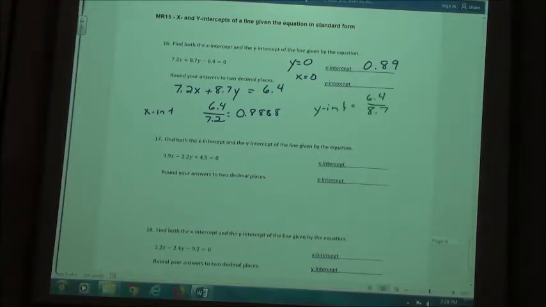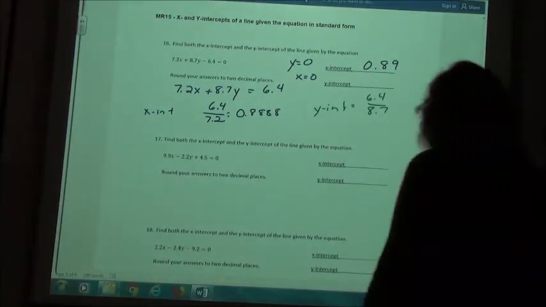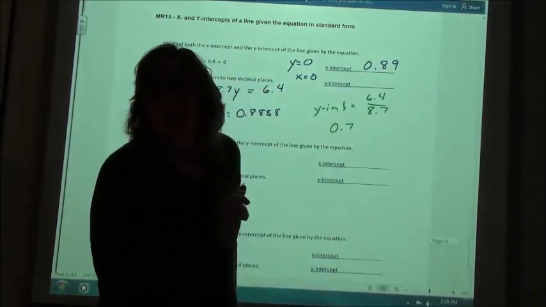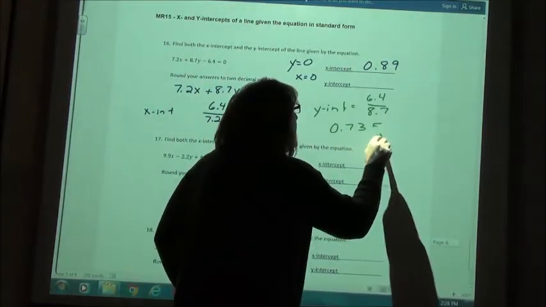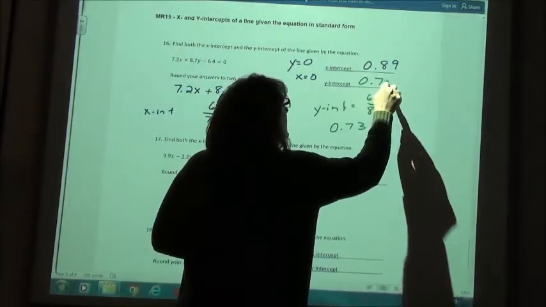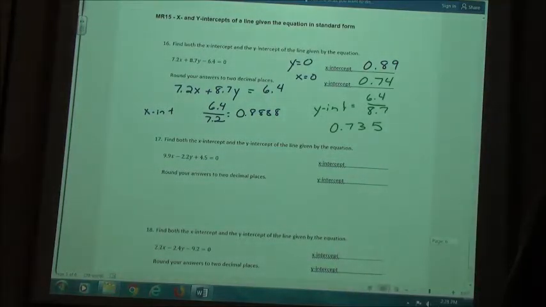If you divide 6.4 by 8.7 on your calculator, you get 0.735. So if I round that off to 2 decimal places, I would use 0.74 then, because I have to round that one up, right?